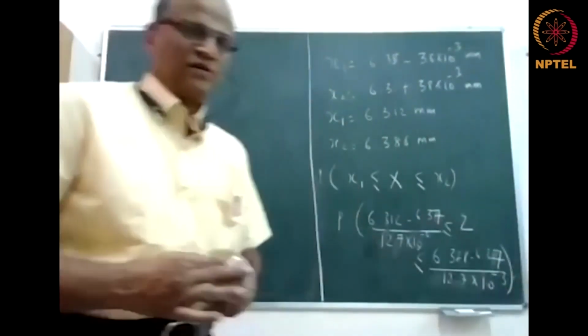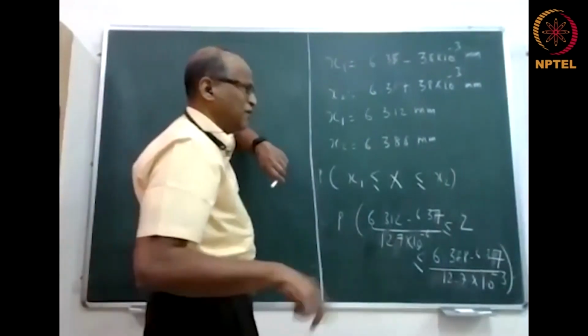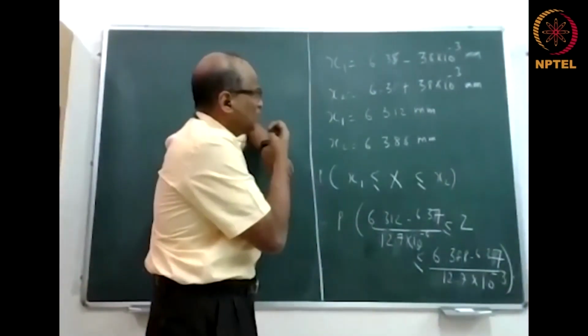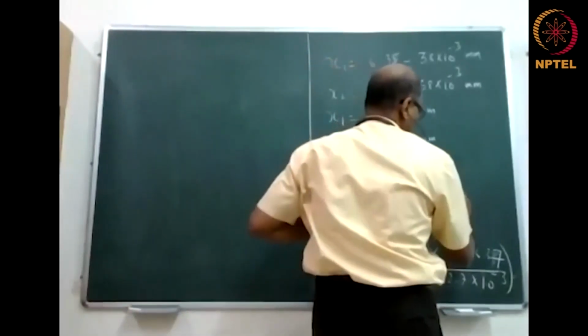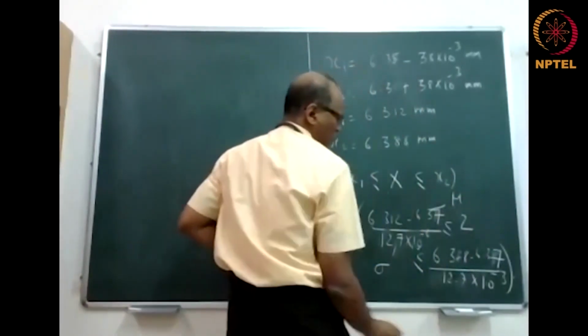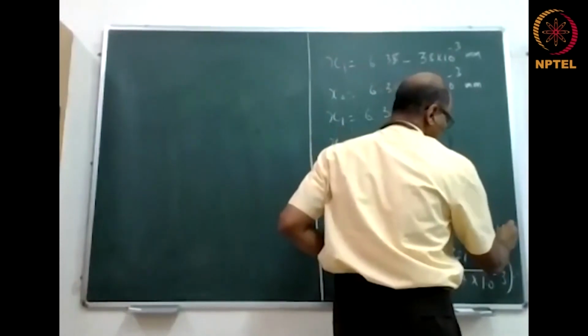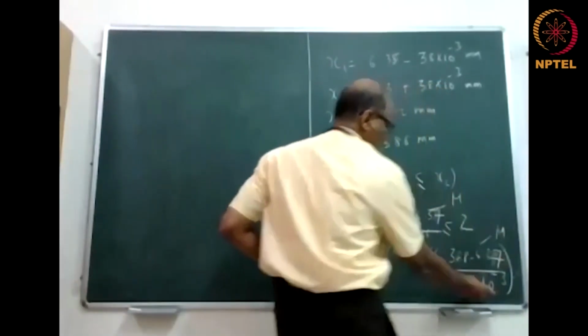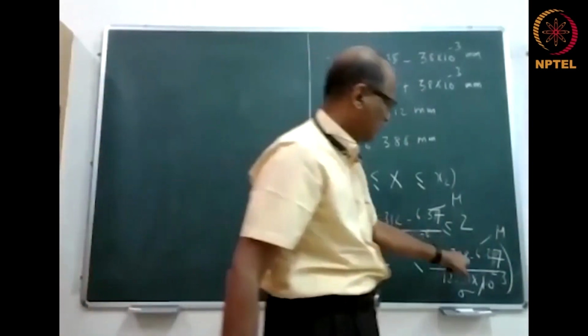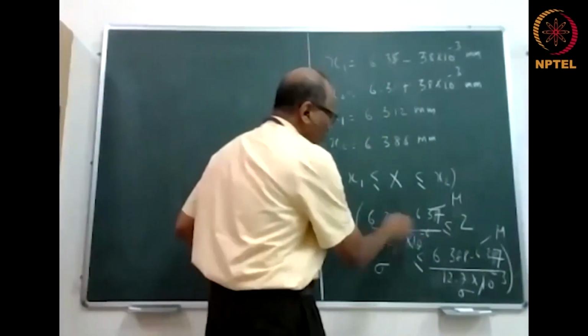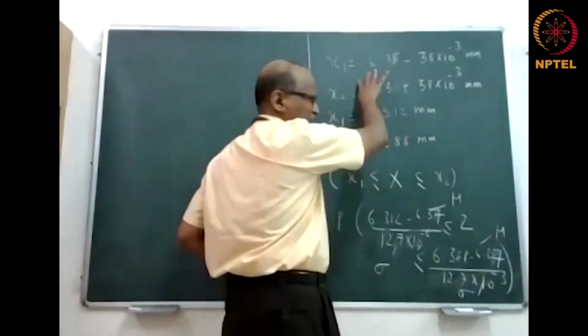Since we made a lot of corrections, let us make it very clear. This is the mu and sigma of the distribution. This is the lower limit and the upper limit, given by the specification.